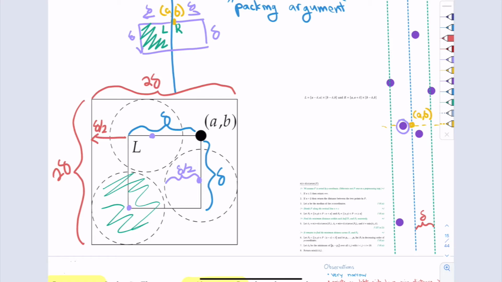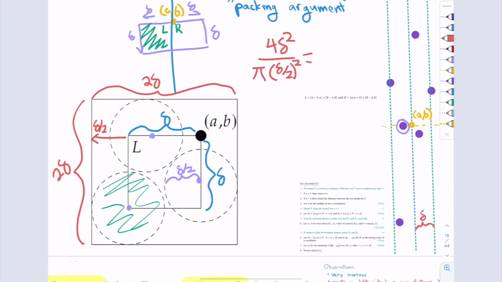The area of the outer square is 4 delta squared, 2 delta times 2 delta. Each ball has area pi r squared, so that's pi times delta over 2 squared. That limits the number of such balls we can fit into the square.